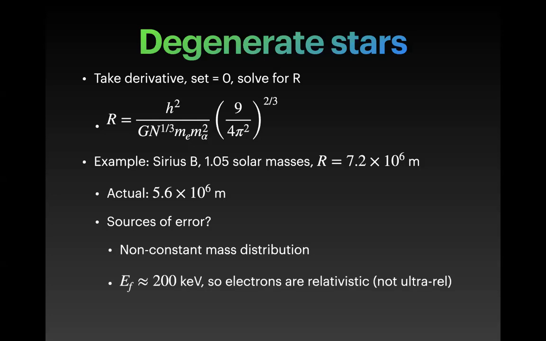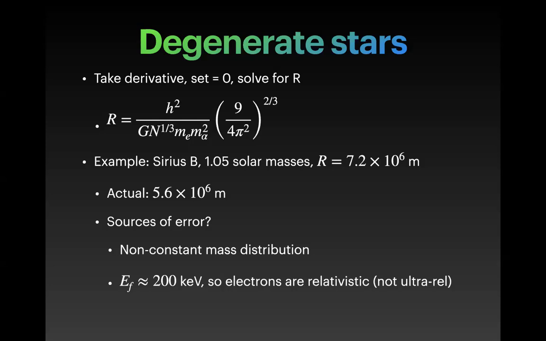But a bigger source of error is that the Fermi energy, which we could calculate here, is about 200 kiloelectron volts, and the mass of an electron is 511 kiloelectron volts. So you're starting to get a kinetic energy that's comparable to the rest energy. So the electrons are relativistic, but they're not ultra relativistic.